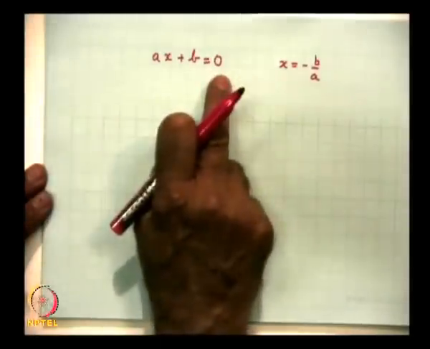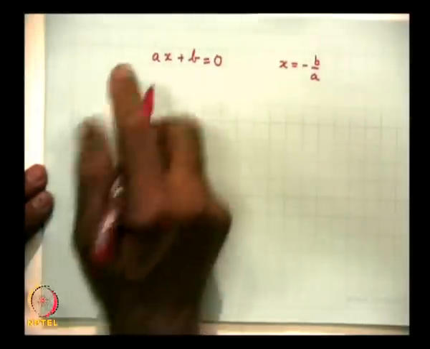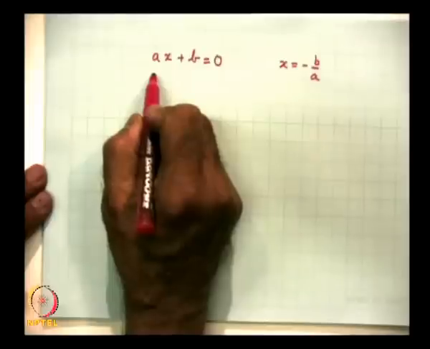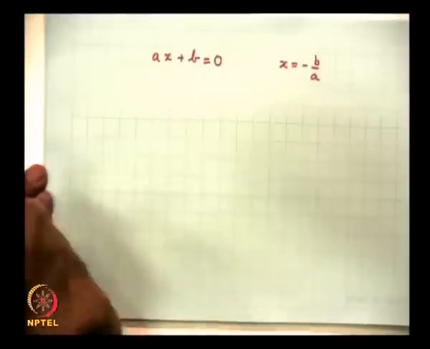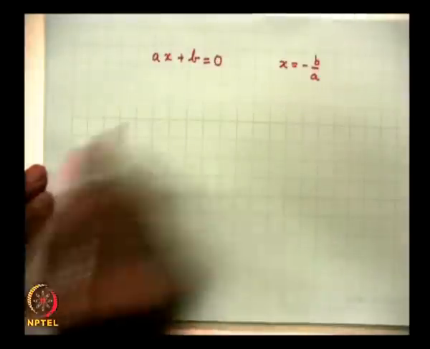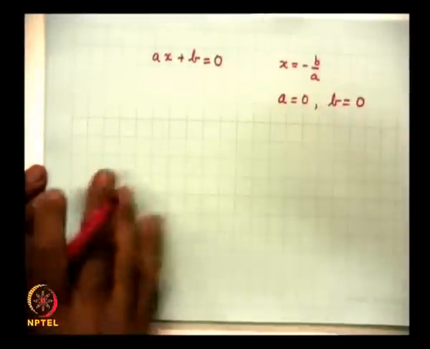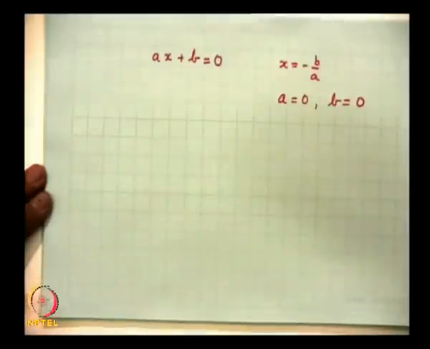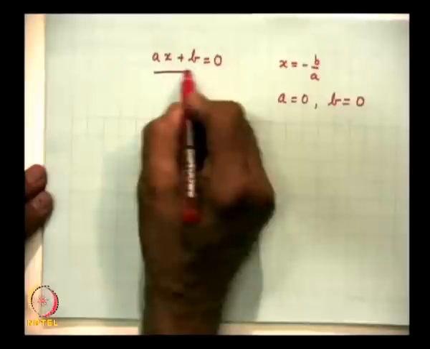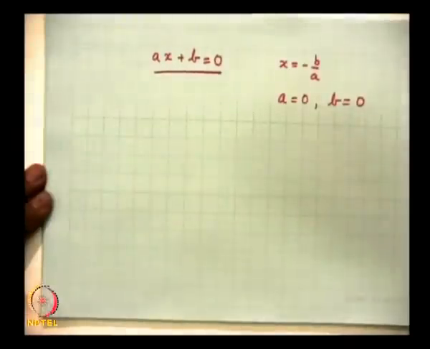For this equation to be satisfied for all values of x, you must have a is equal to 0 and b is equal to 0. Then and then only this equation will be valid for all values of x.